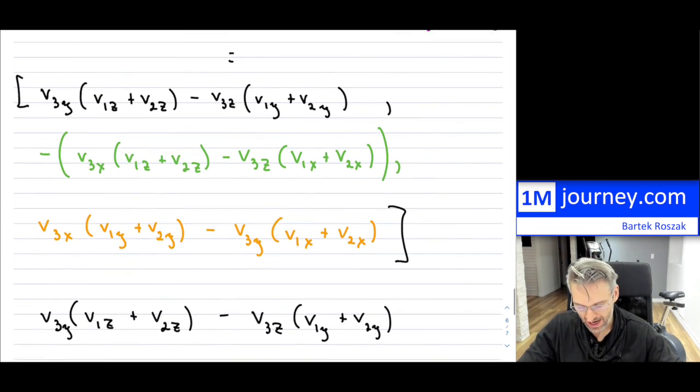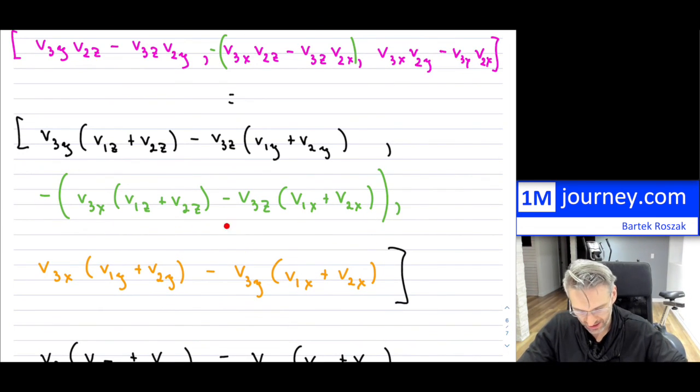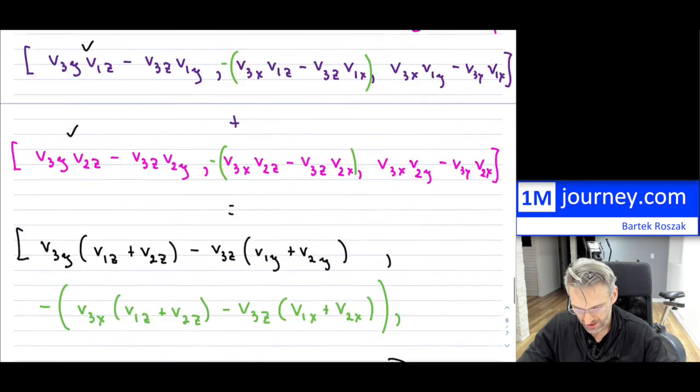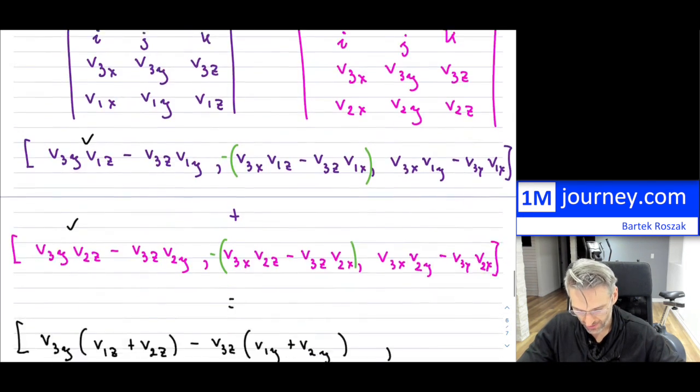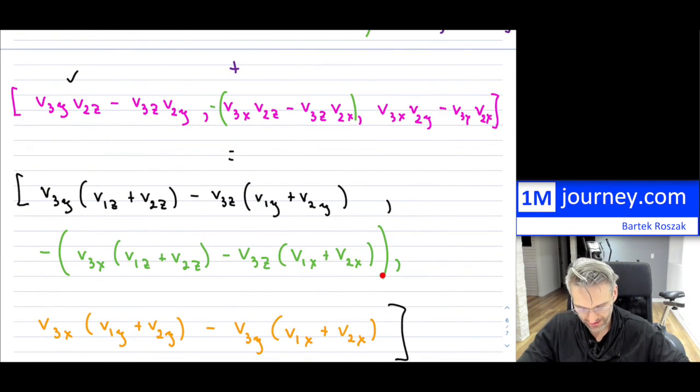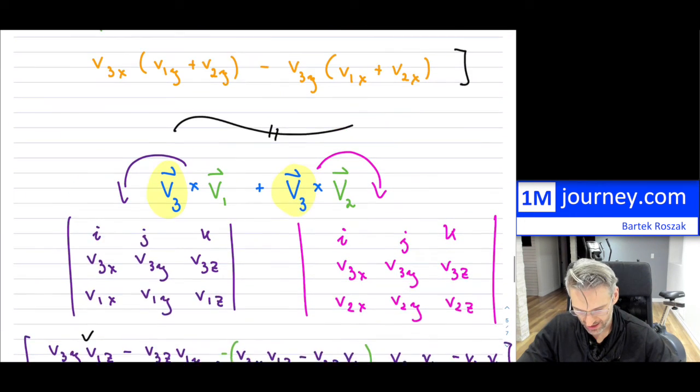And the same thing happens with the second component. So here's my second component. Notice negative V3X, and if I go back in here, V3X, V3Z, this is going to be exactly the same thing as this right there. That's what you would see there. And then your last component, the same thing as well.